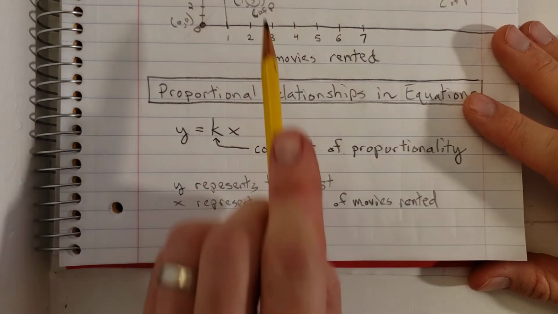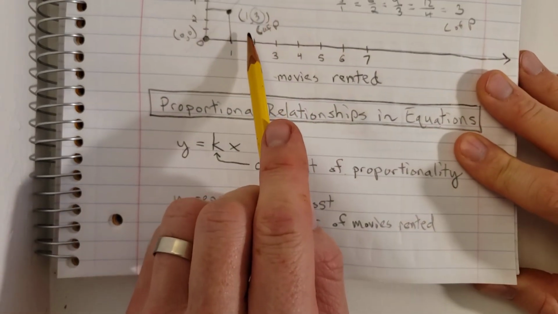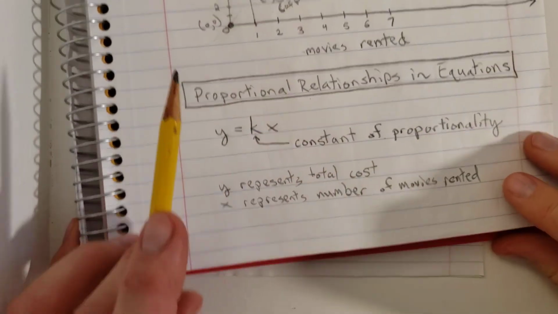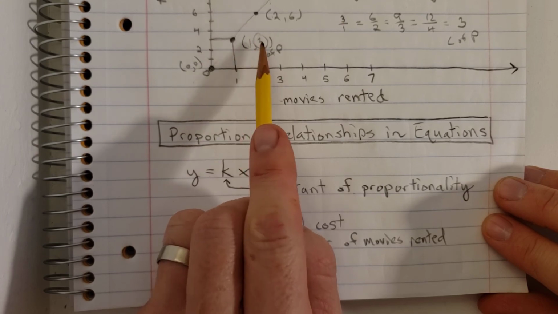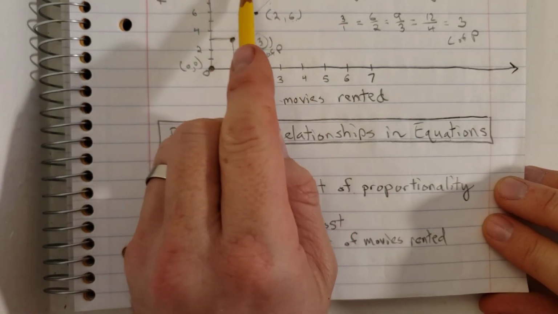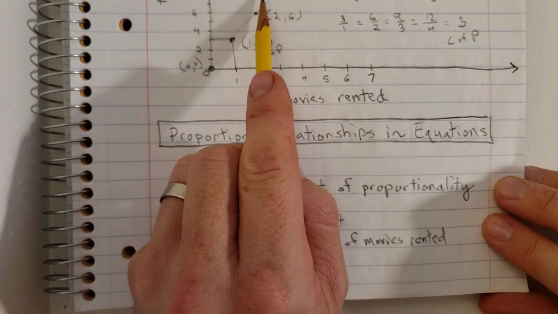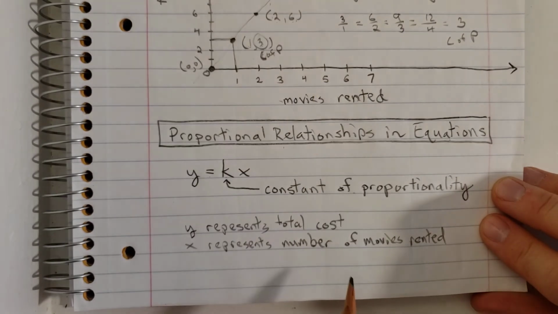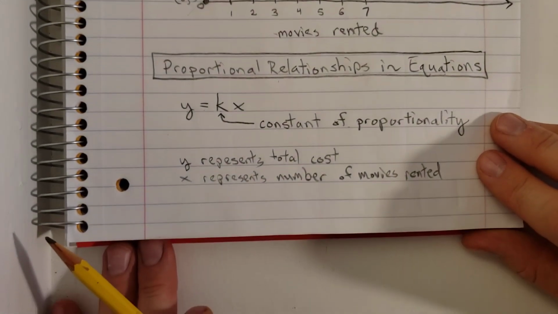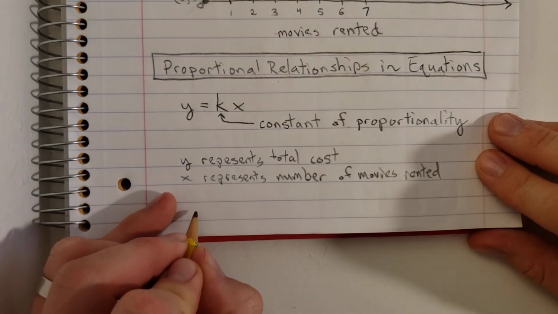If I take the 3, our constant of proportionality up here, and I multiply that by the number of movies that you rented, 3 times 1 is 3, 3 times 2 is 6, 3 times 3 is 9. The x value times 3 always gives you the y value. So we can write that in our equation here.